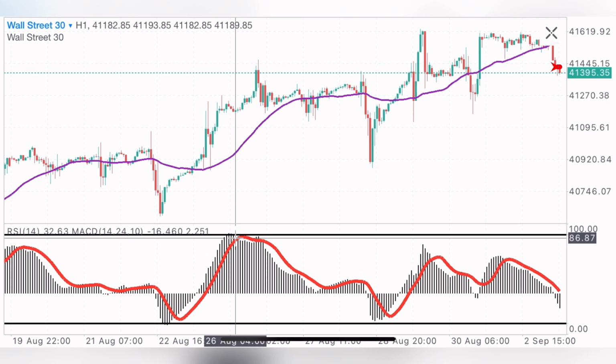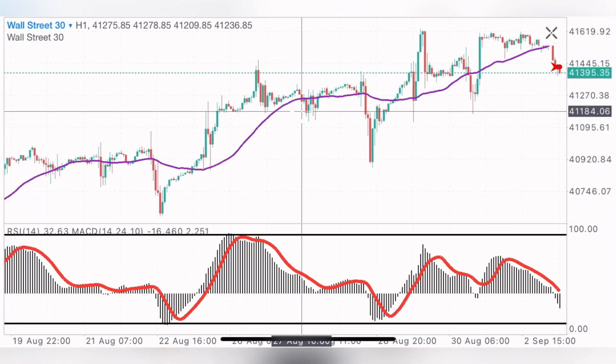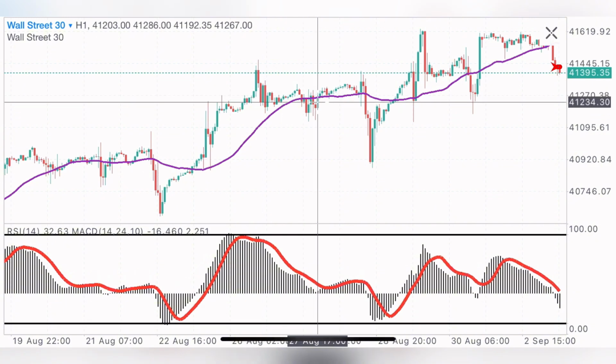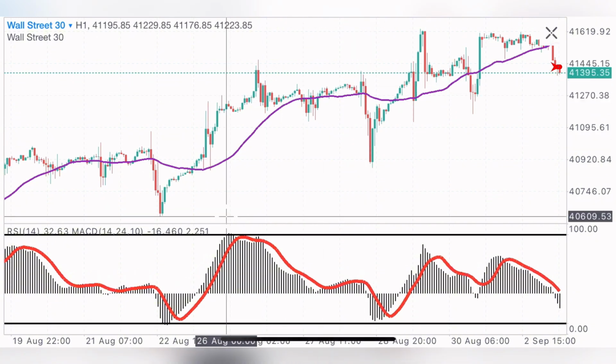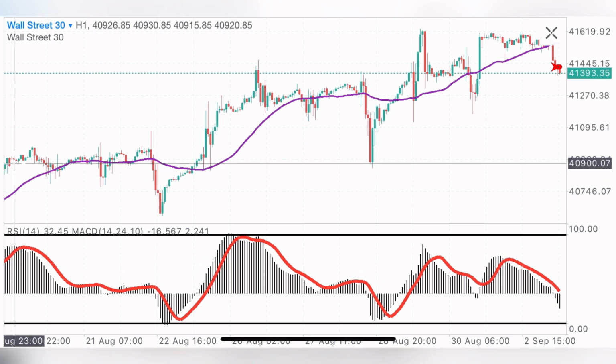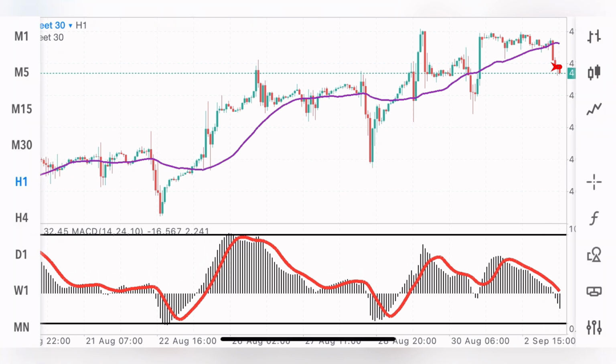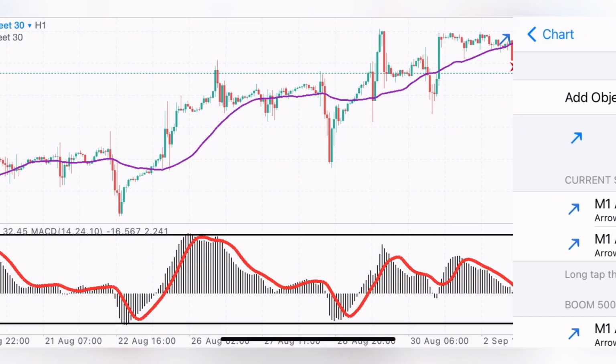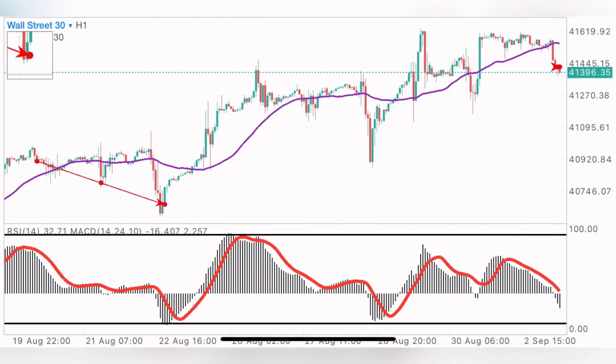So take a look at this point right here. Here it started to sell, going in a downward trend, just like that, right? Even at this point as well, if you trace it from this point right here to this point here, you see that it starts following a downward trend from this point down to this point.